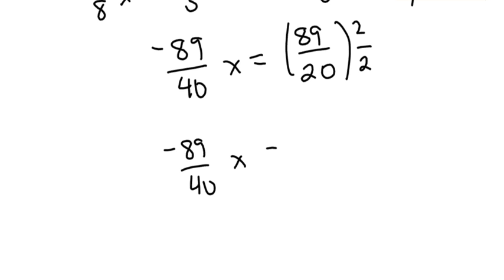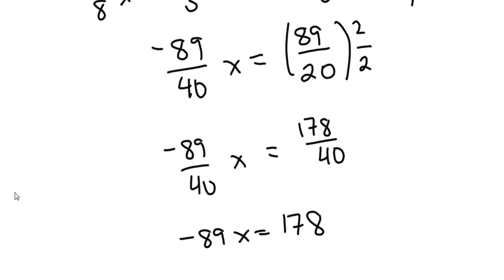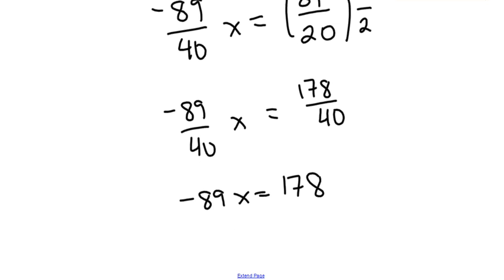So this is going to be 178 over 40. Then when I multiply both sides by 40, I get x equals negative 2.